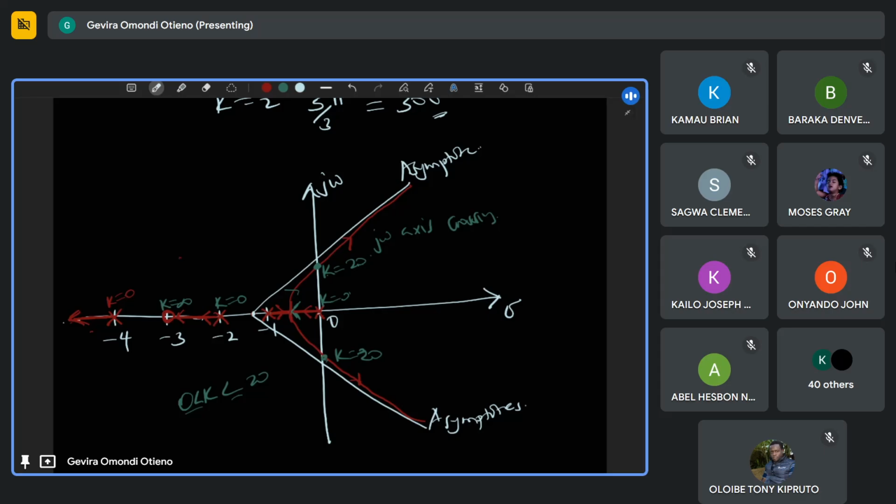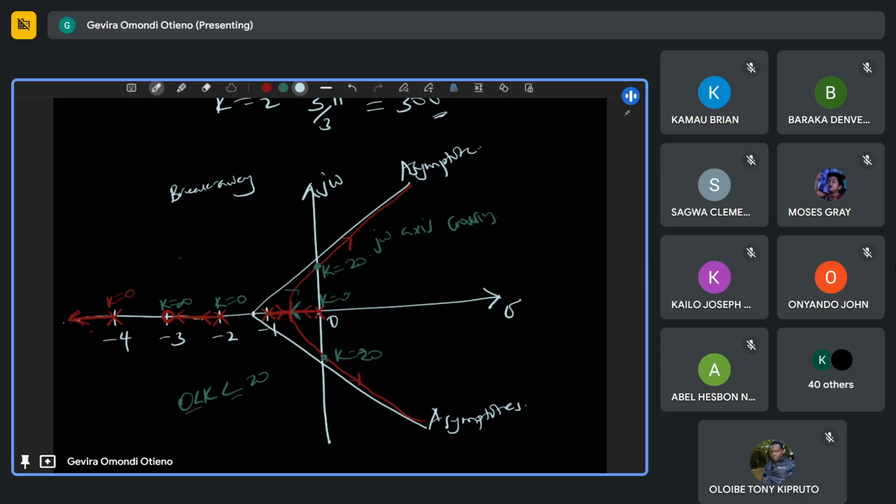The other thing that I forgot to mention and emphasize is, please do not, because I noticed this from previous students, do not confuse the breakaway point. I said we were going to do that today, but because of time, I might not cover it. I'll cover it in the next class.